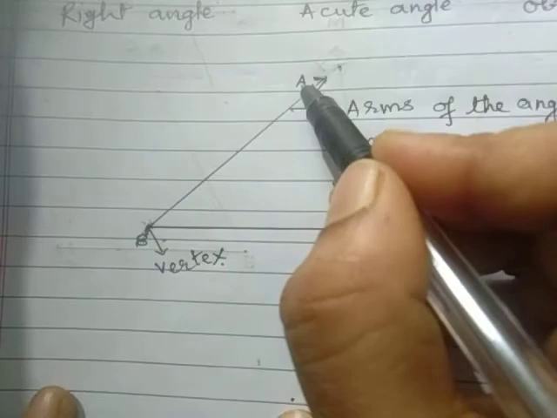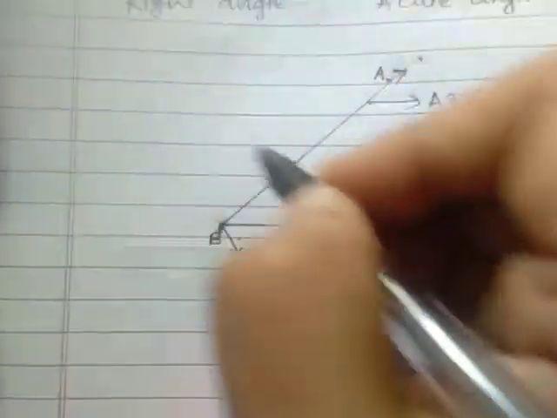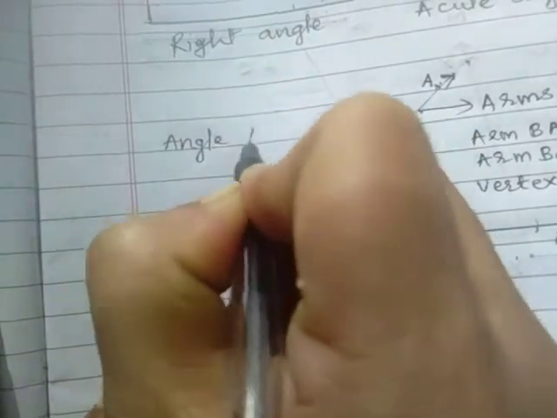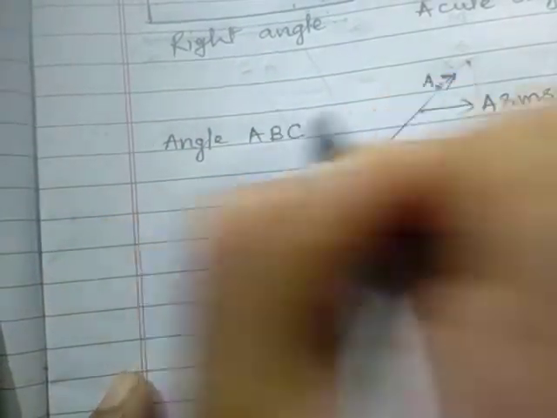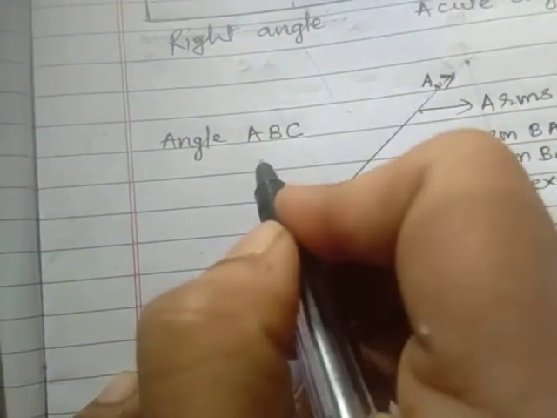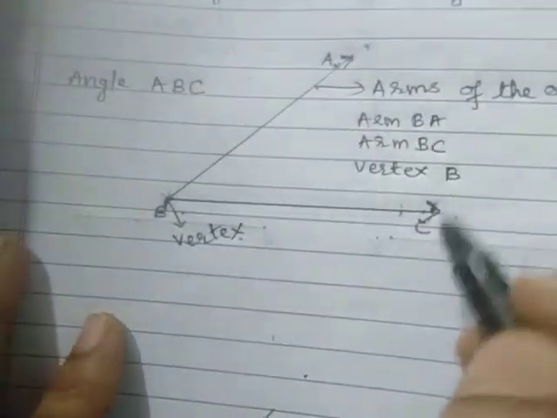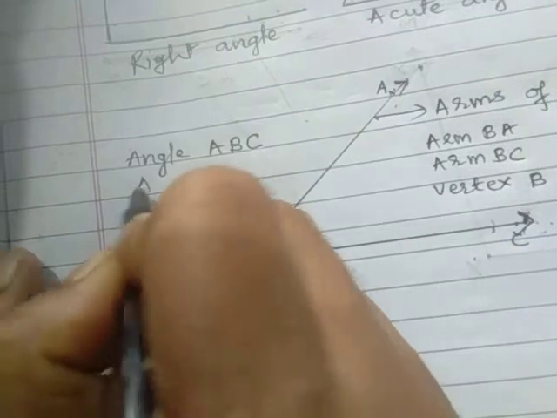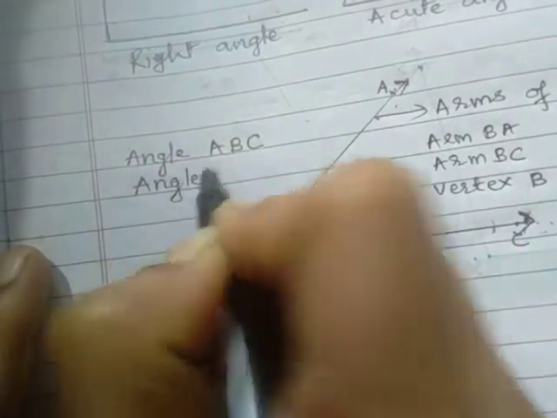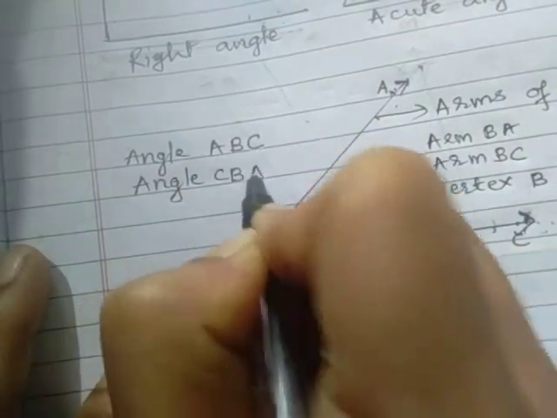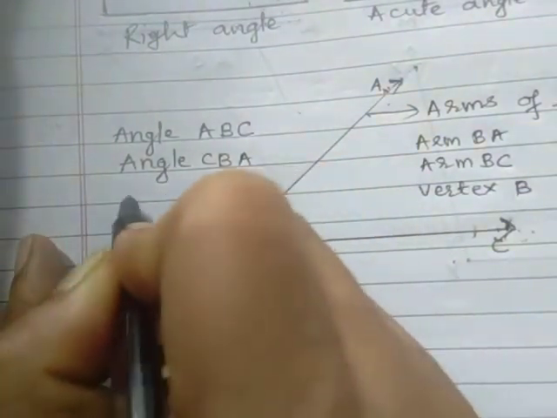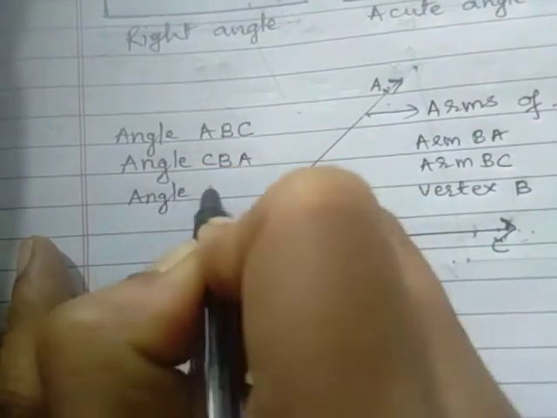So you can name this angle as angle ABC, or you can also call it from this side, angle CBA. Or even you can call it angle B.